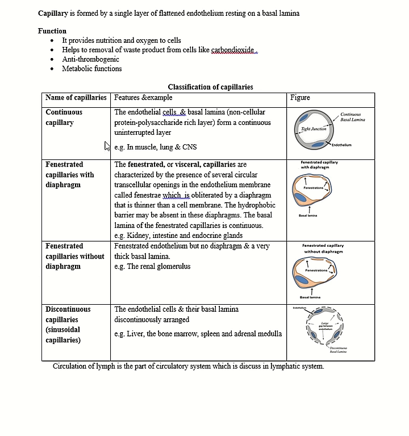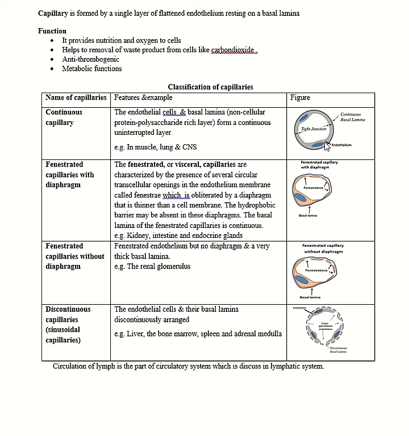There is the continuous capillary, and there is the fenestrated capillary. Fenestrated capillary is again of two types, with diaphragm and without diaphragm, and then the discontinuous capillary. First understand what a continuous capillary is. When the endothelium is continuous with another endothelium and there is no gap due to the presence of tight junctions, and the basal lamina is also continuous, this type of capillary is known as a continuous capillary.